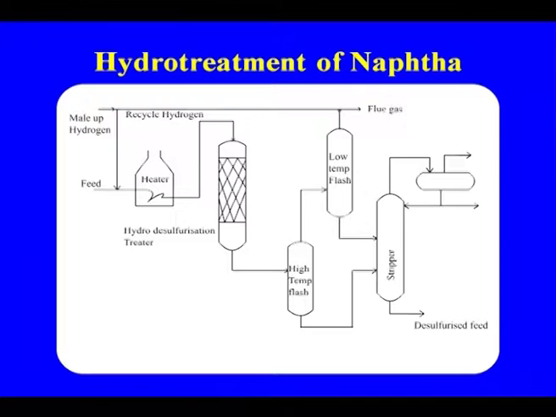Here the gases are separated, and the hydrogen is recycled as such, because in the process we need the hydrogen. After the stripper, the desulfurized feed is going to the catalytic reforming unit. So, this is the process which we are using in the case of the naphtha hydrotreatment.